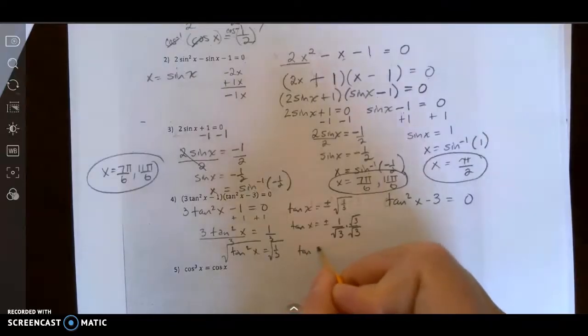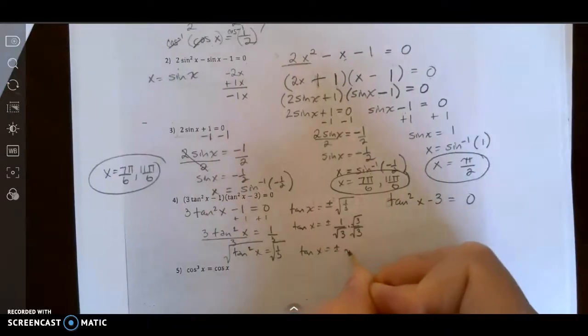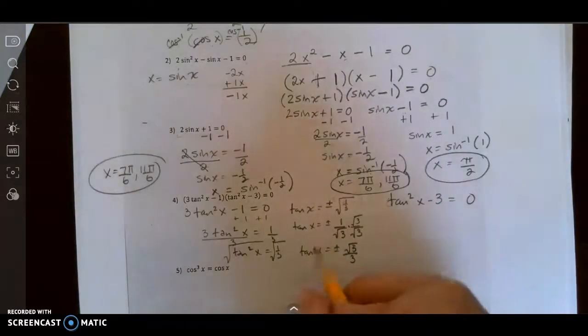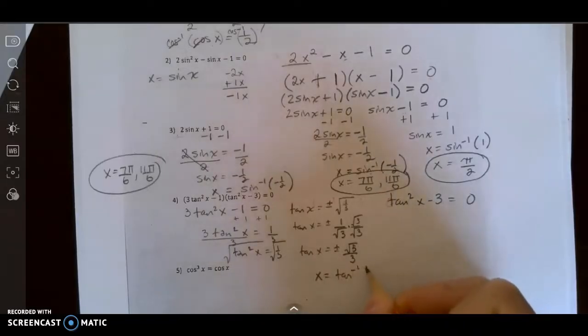So I get that the tangent of x equals plus or minus the square root of 3 over 3, which I know is on the unit circle. I take the inverse of each side, and so I get x equals the inverse tangent of plus or minus the square root of 3 over 3.